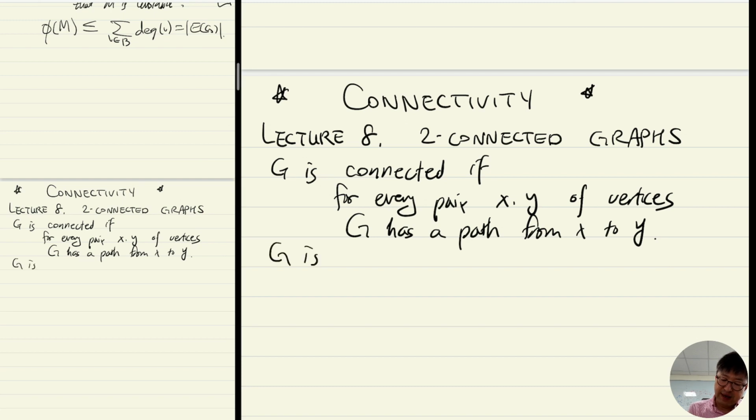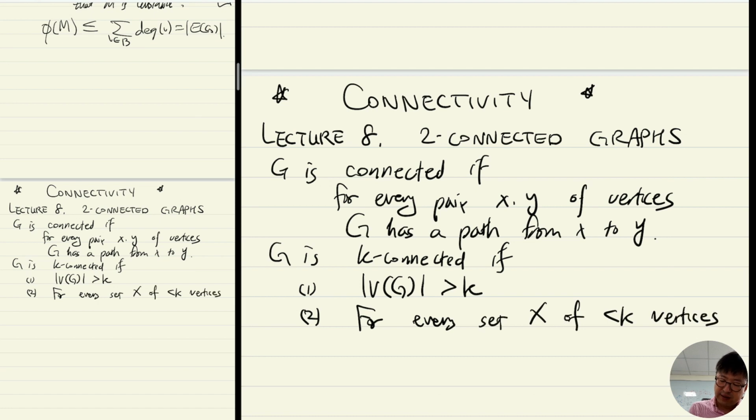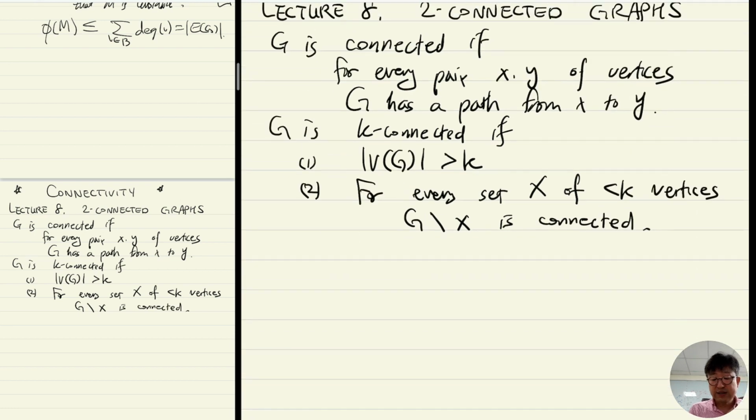Now a graph is k-connected if it satisfies two conditions. The first condition is that the graph is not too small, it has more than k vertices, and the second condition is that for every set X of fewer than k vertices, G delete X is connected. So that's what we mean by k-connected.